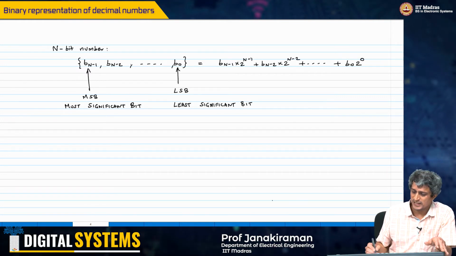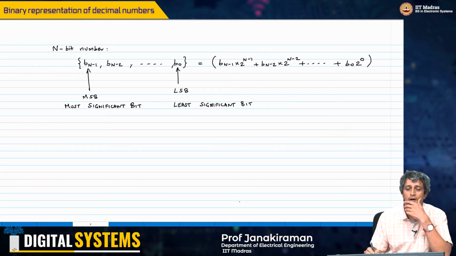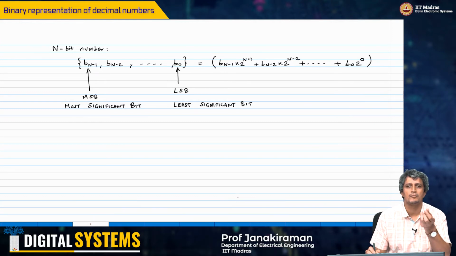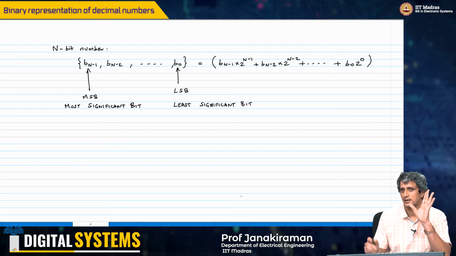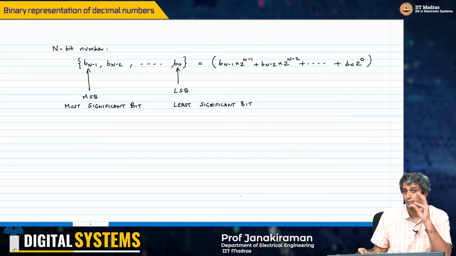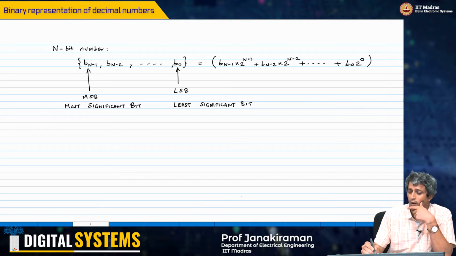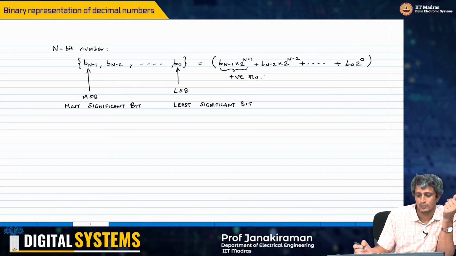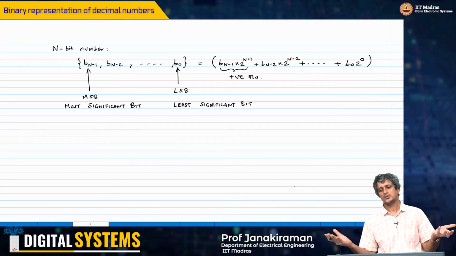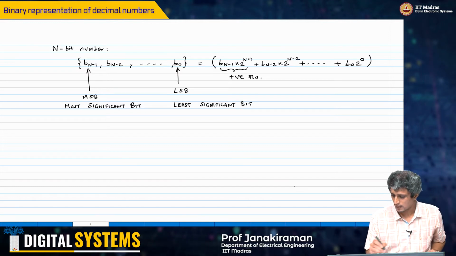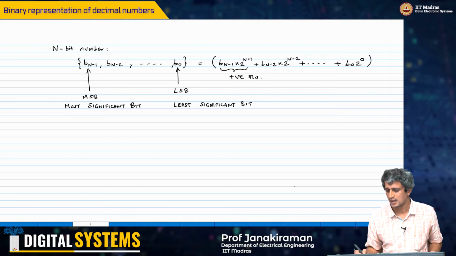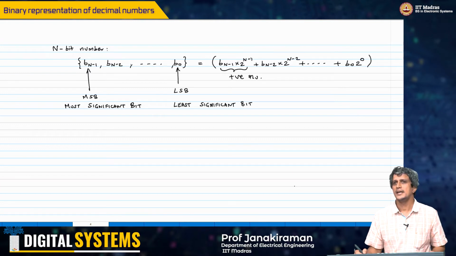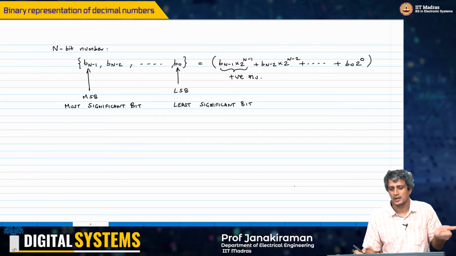Just by looking at this representation, you can clearly figure out the maximum and minimum decimal number that can be represented in this n-bit representation. Each term here is a positive number, and we are adding n such positive numbers. So, the minimum value of any n-bit binary number is obviously when all the binary bits are 0.